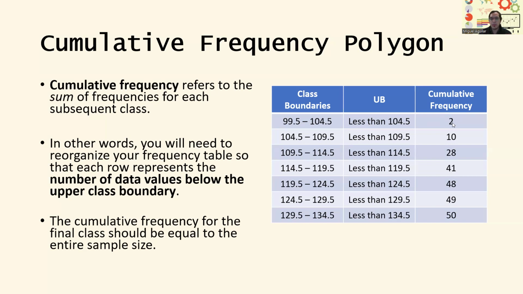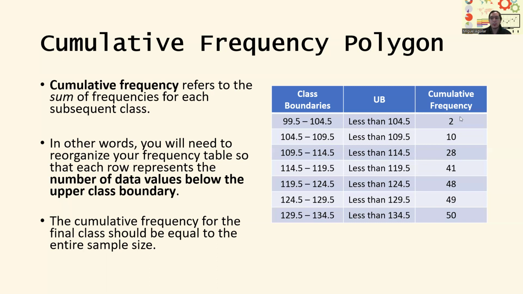Okay. In the previous frequency distribution table, the class boundaries 104.5 and 109.5 contained 8 data values. So in this cumulative frequency distribution table, the next row will be labeled as all of the data values that are less than this upper boundary here, which is 109.5.